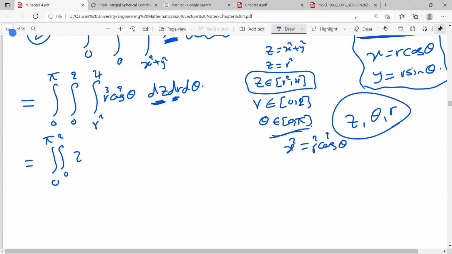So we just multiply the constant by z: z r cubed cosine squared theta, from r squared to 4. Now replace z by 4, then replace z by r squared. We have dr d theta.